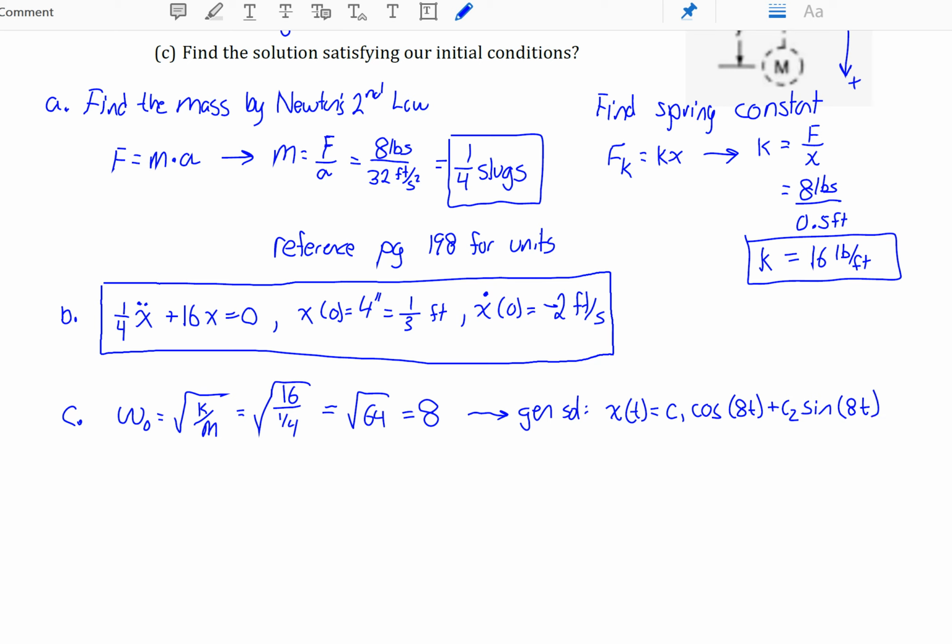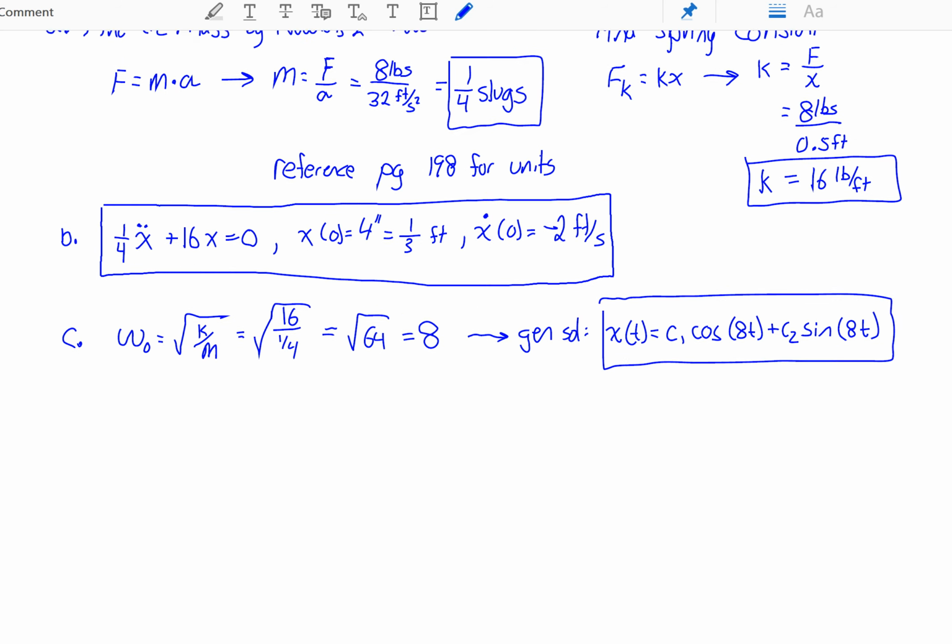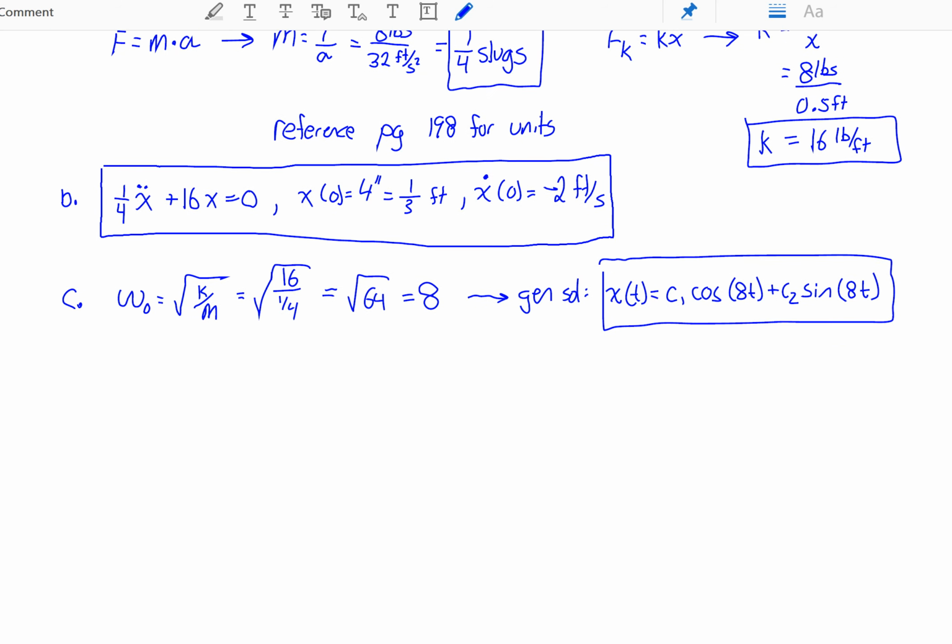This is our general solution. But we were given an IVP, so let's go solve for our constants, which means we need to write our velocity function.